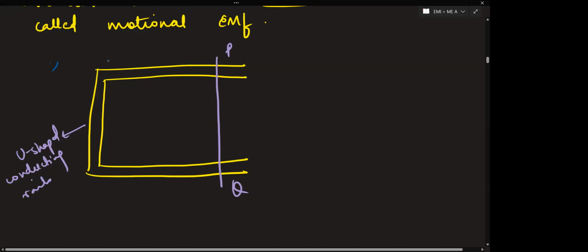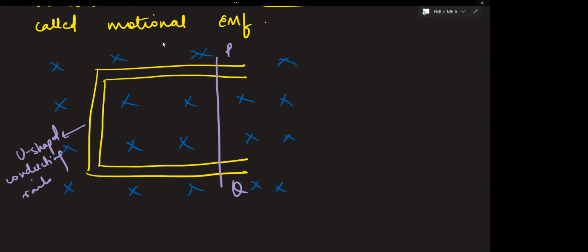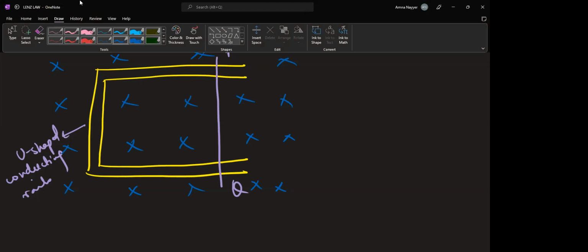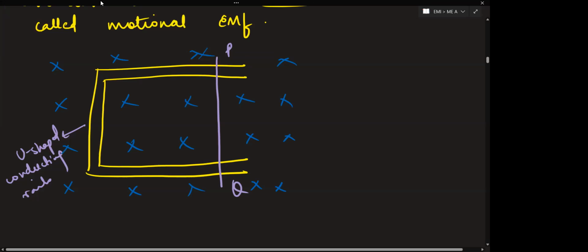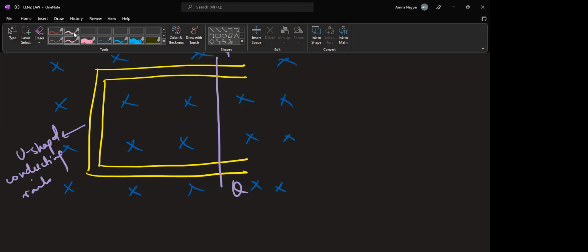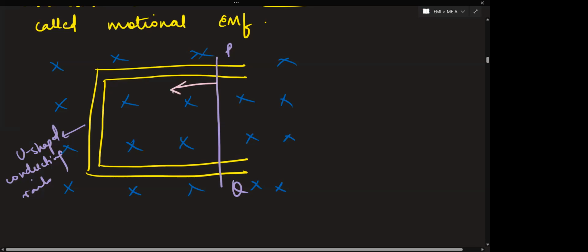Now magnetic field lines will be inwards, perpendicular to this. PQ is a conductor that can slide over. This conductor PQ is moving with velocity V towards the left, like this.